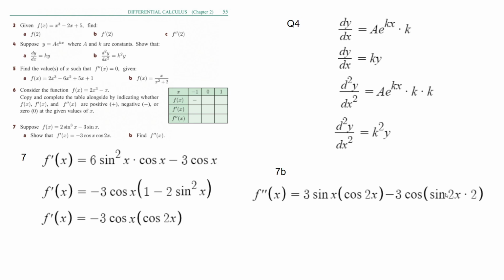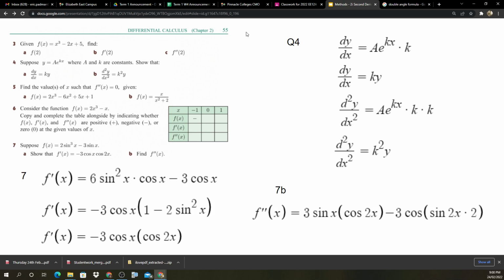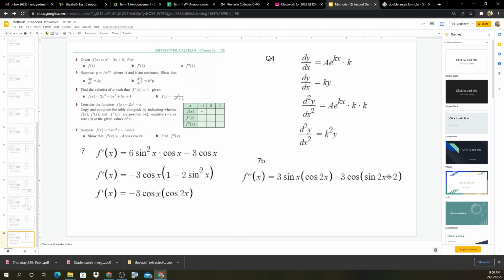Differentiate cosine 2x to be sine 2x. I just realized, no, still a mistake with this. It should have a negative at the front of that part. So what can I do to correct that? I'll put it times by minus 1. That's what I'm going to do. Keep finding little mistakes.